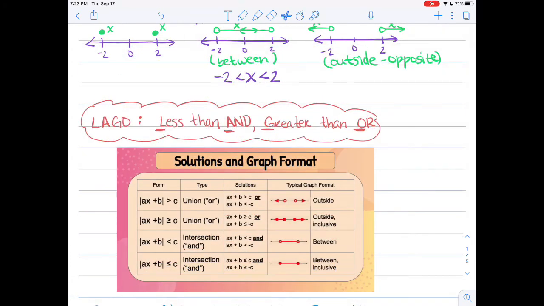I have a mnemonic to share with you to help you remember that the less than symbol goes with and and the greater than symbol goes with or. And that mnemonic is LAGO, L-A-G-O. It stands for less than, and, then greater than is or. LAGO, L-A-G-O.